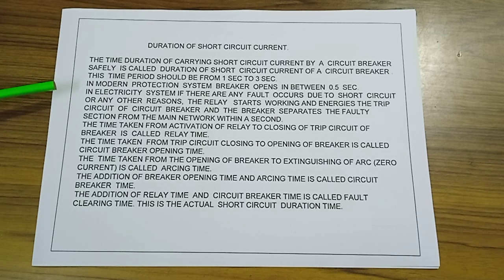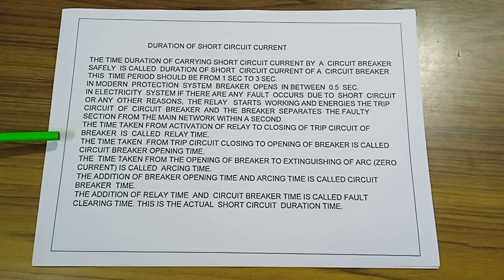In an electricity system, if any fault occurs due to short circuit or any other reason, the relay starts working and energizes the trip circuit of the circuit breaker, and the breaker separates the faulty section from the main network within a second. The time taken from activation of the relay to closing of the trip circuit of the circuit breaker is called relay time.